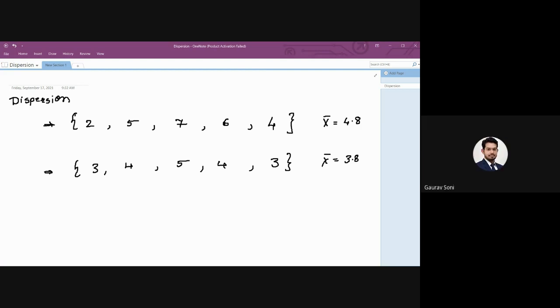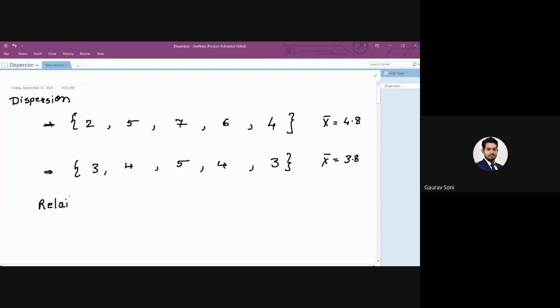What we can say is, the validity or the reliability of an average depends upon the dispersion of the data. I'll just write down this statement. This is a very strong statement which gives importance to this complete unit.